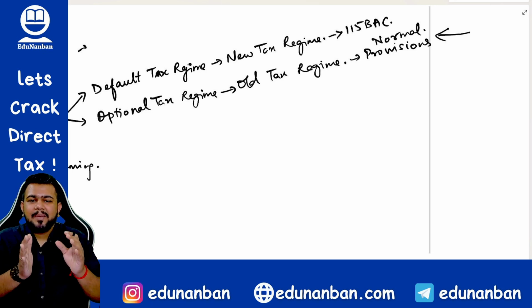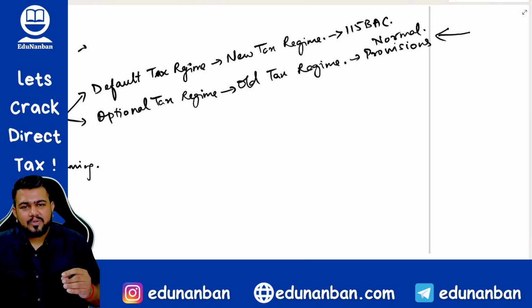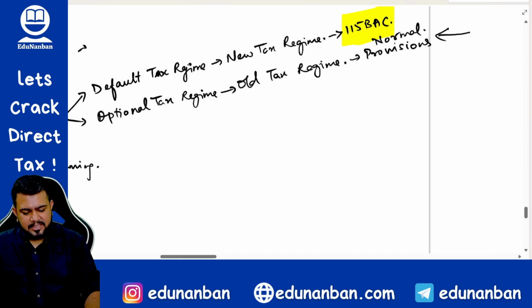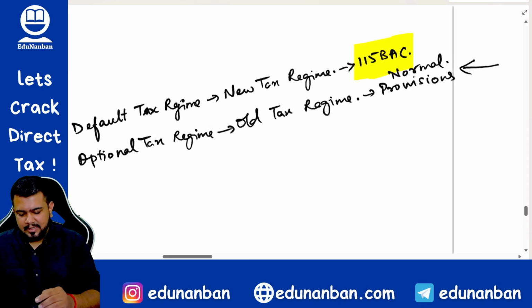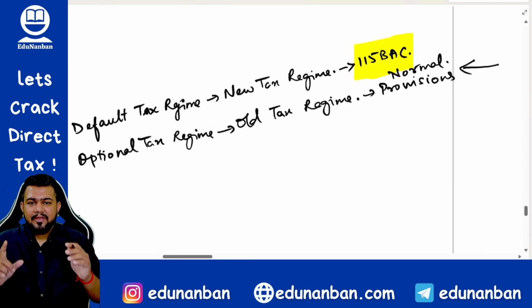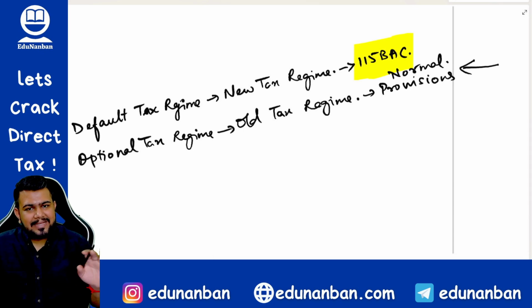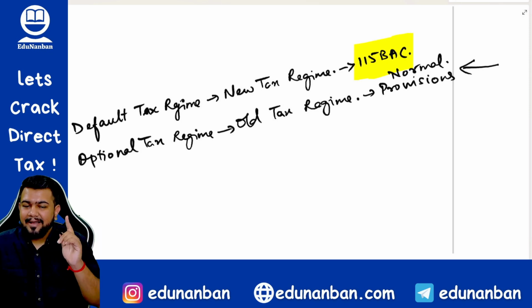So for such people, the government introduced the new tax regime under section 115BAC, in which you cannot take many exemptions or claim many deductions, but you will have the benefit that your tax rate will be low.